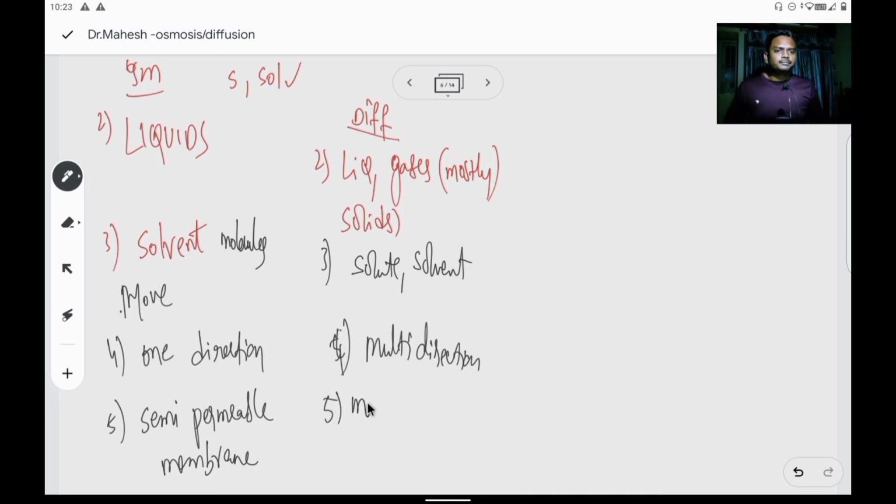But in diffusion, it may occur with membrane or without membrane, because osmosis is a special case of diffusion. Actually, it is a subtype of diffusion. Diffusion may or may not have a semi-permeable membrane, but osmosis should have a semi-permeable membrane.